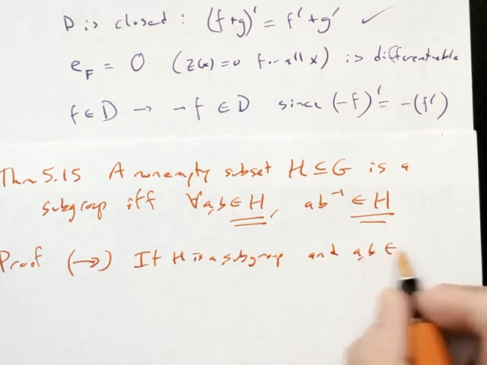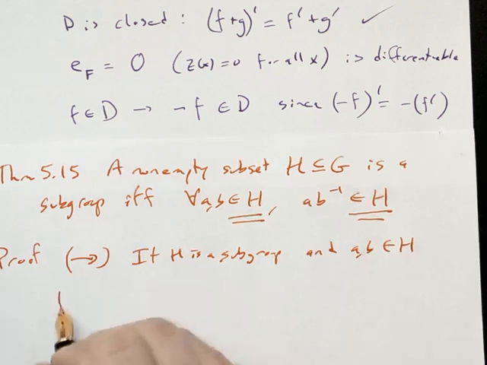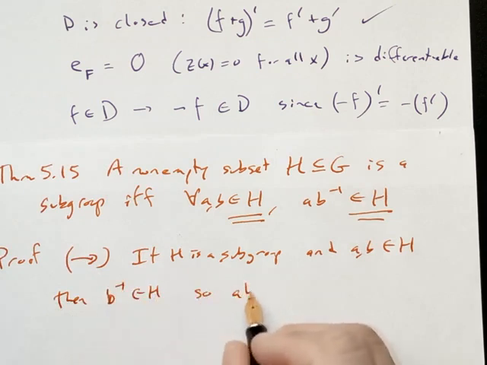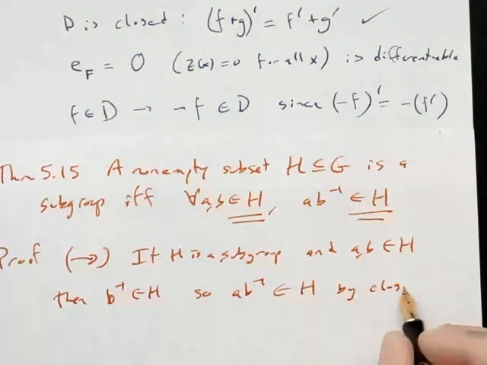And elements of H, then B is that's a property in a subgroup. You have to have all the inverses, right? Property is you have to have closure. So A is in H, B is in H, so B inverse. And so by closure, AB inverse is in H. Check mark. I'm done.